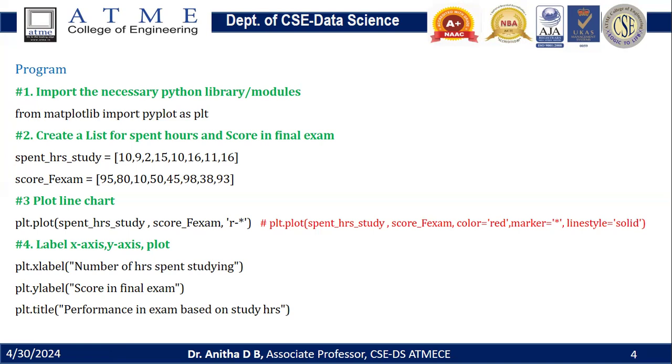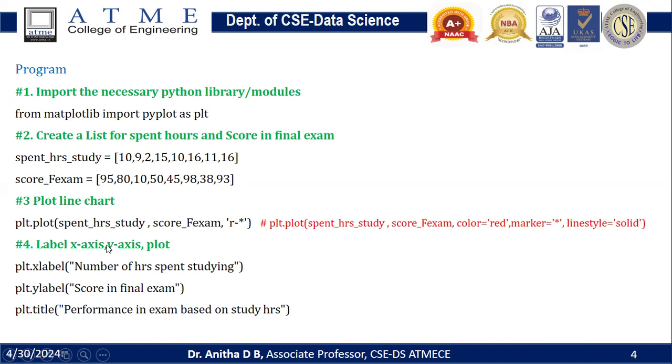Again, there are functions available inside pyplot, and these are xlabel, ylabel, and title. We can use this format: plt.xlabel to give the label for x-axis, plt.ylabel to give the label for y-axis, then plt.title to give the title for the plot.